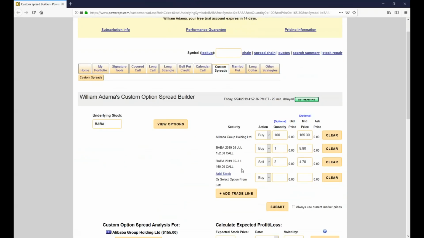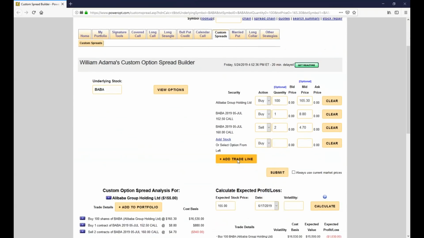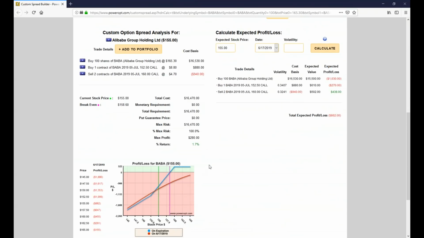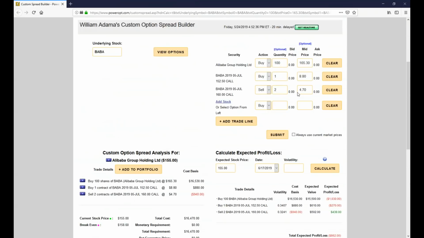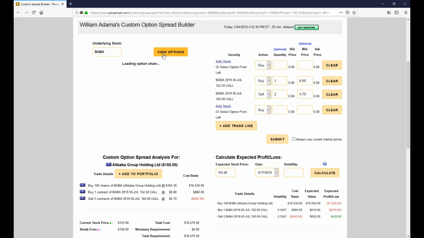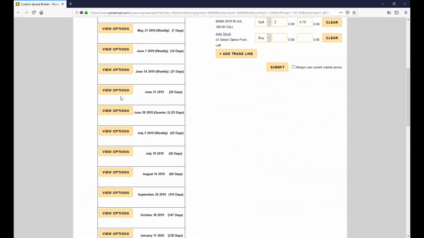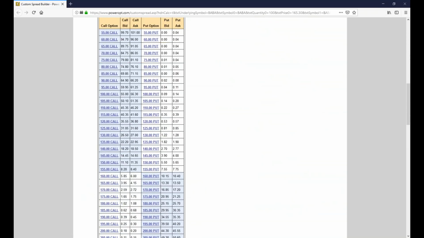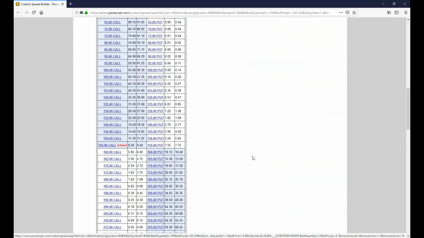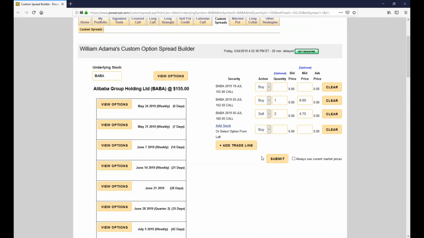Okay, so here our repair would be buying 152.5, selling 2 July 160s for 470. Okay, small net credit here, but what do we have? We've got the July. This is after rolling, selling to close the June for 40 cents, rolling down to the standard July expiration 155 call with a cost basis of 1030.